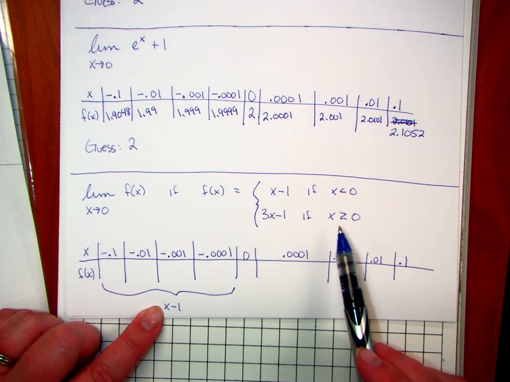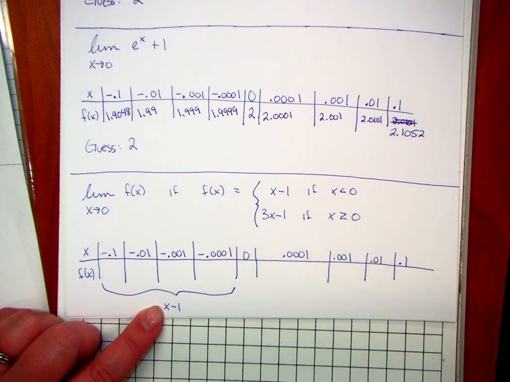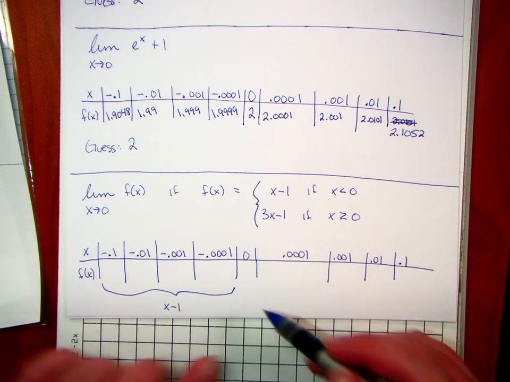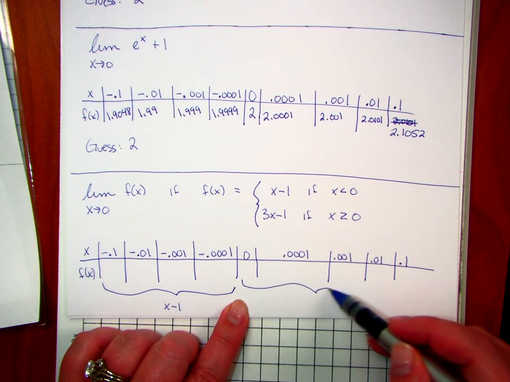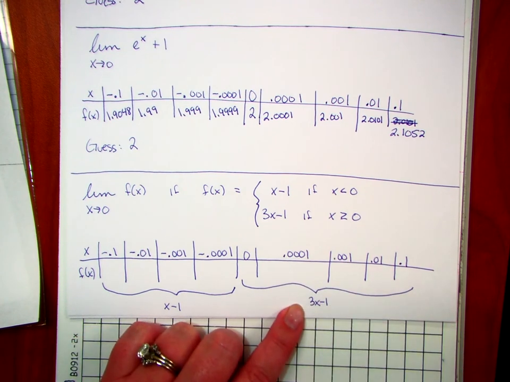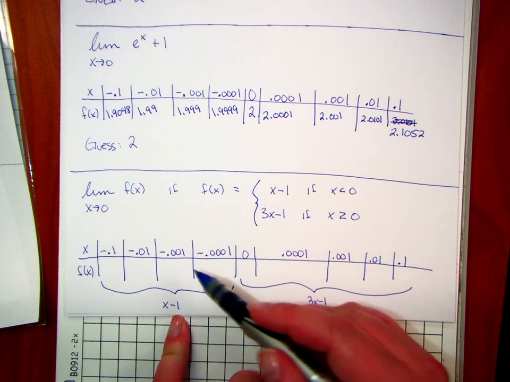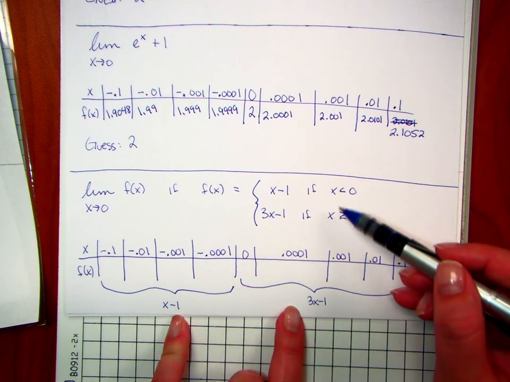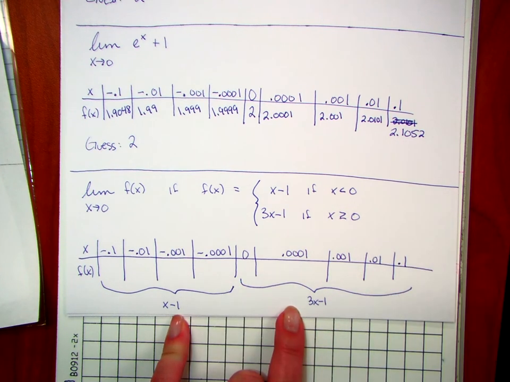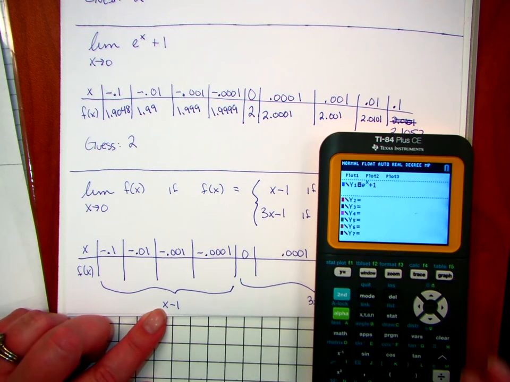Okay, and then if x is greater than or equal to 0, I'm going to use this function. So for the remainder of my table, I'm going to use the 3x minus 1 function. So we have to plug these x values into 2 different functions because we have this piecewise defined function above. And so first I'm going to do the x minus 1 function.